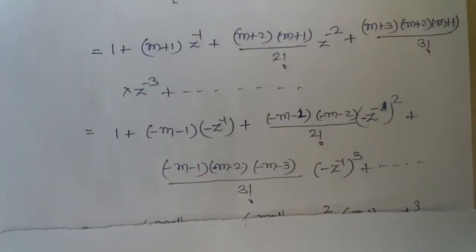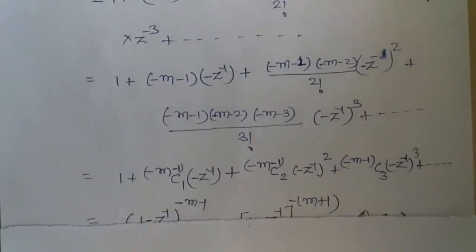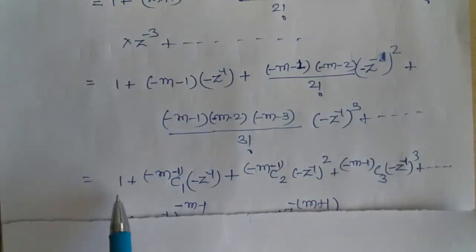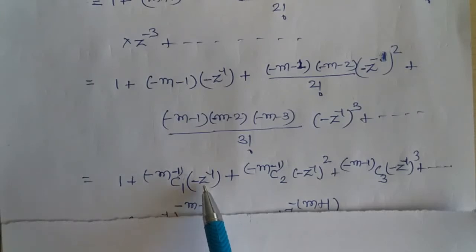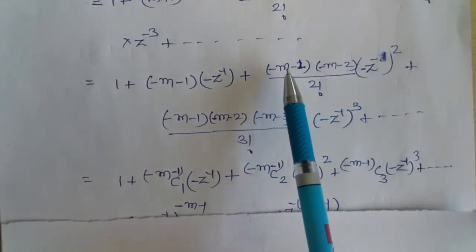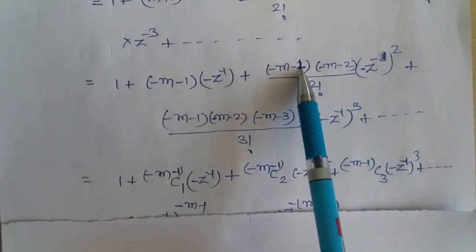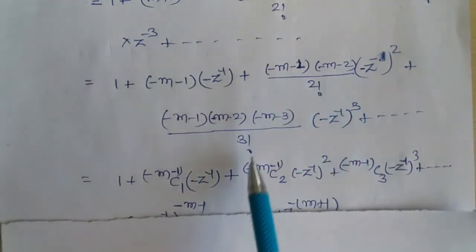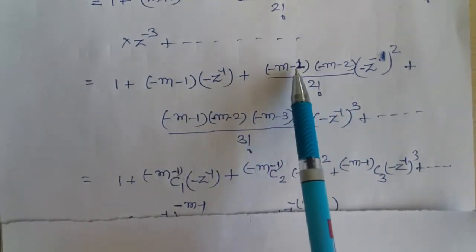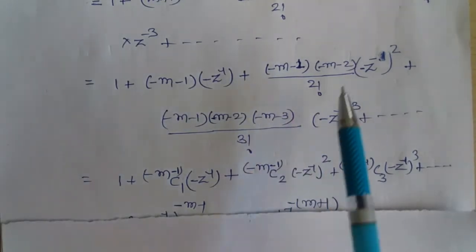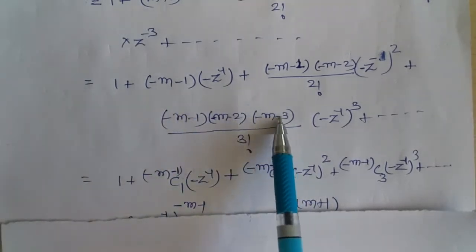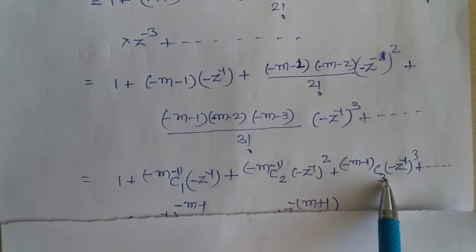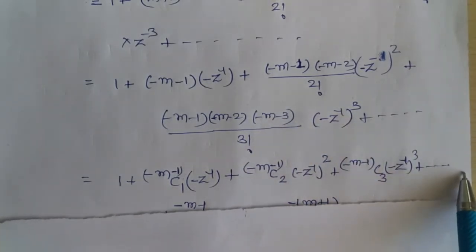Now again using the combination formula, these terms are 1 plus (minus m minus 1)C1 into (minus z inverse), plus this term is (minus m minus 1)C2 into (minus z inverse) square, plus this term is (minus m minus 1)C3 into (minus z inverse) cube and so on.